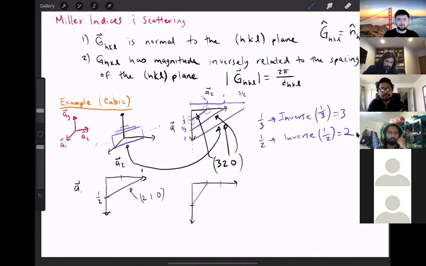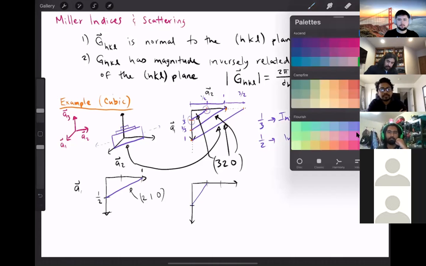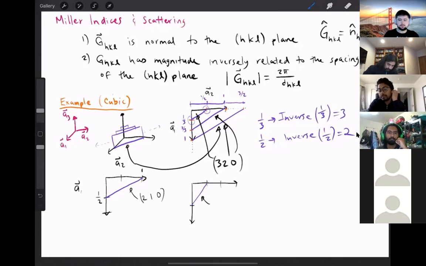So you see, that's one of them. That one would give you the 2/3. So you can have different fractions of them and you can get what those planes are.